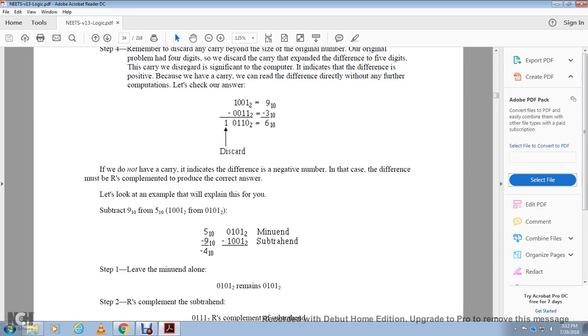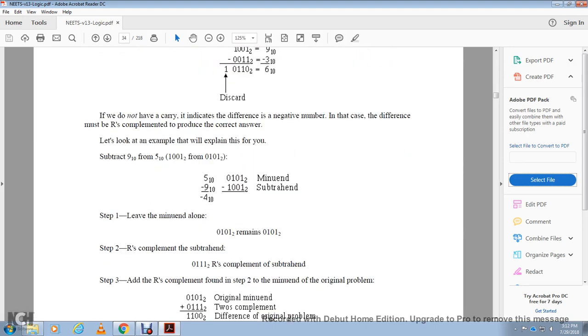Leave the minuend alone: 0 1 0 1 base 2 remains 0 1 0 1 base 2. The radix complemented subtrahend is 0 1 1 1. Adding them, the result is 1 1 0 0.